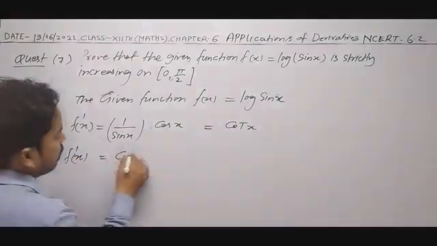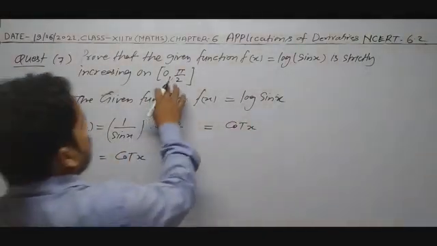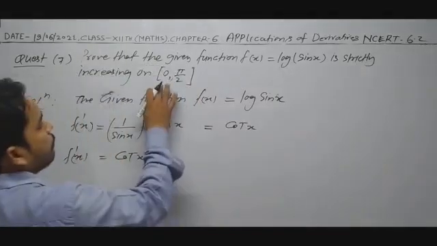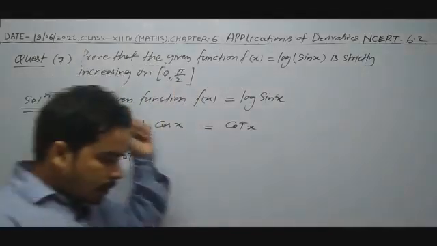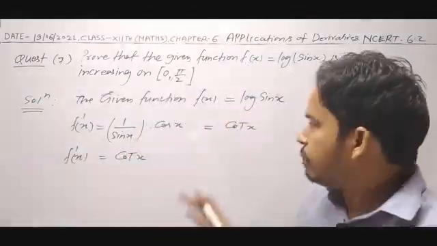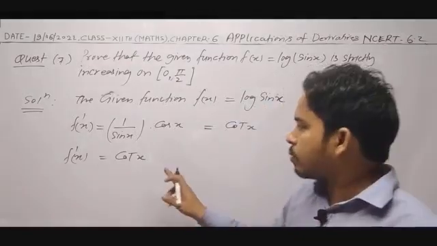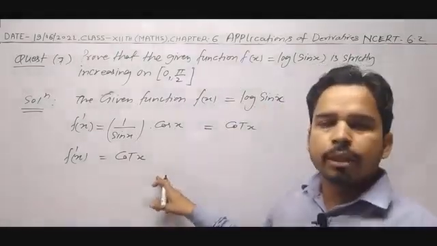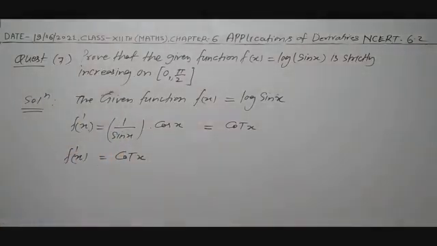F dash x is equal to cot x, and x is in the interval between 0 to pi by 2. 0 to pi by 2 means x lies in the first quadrant, and in the first quadrant the value of cot is positive. So f dash x is positive or greater than 0.